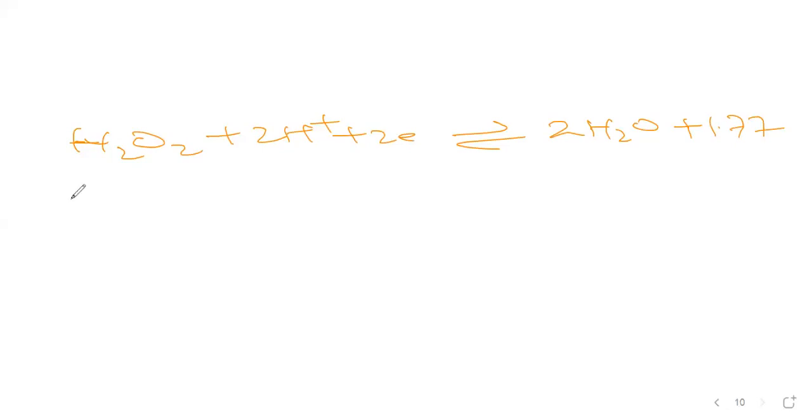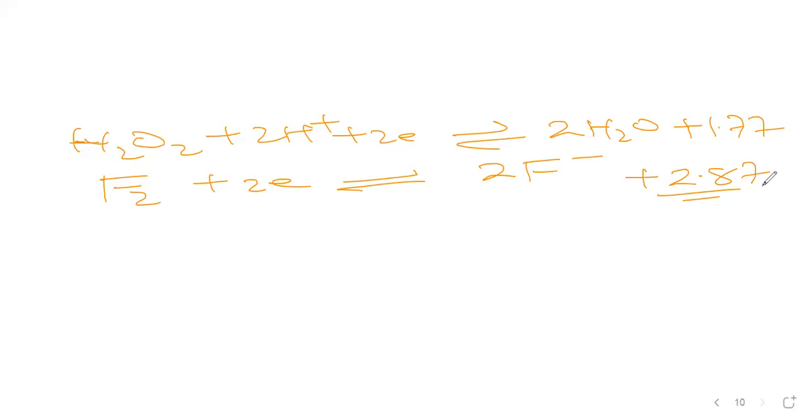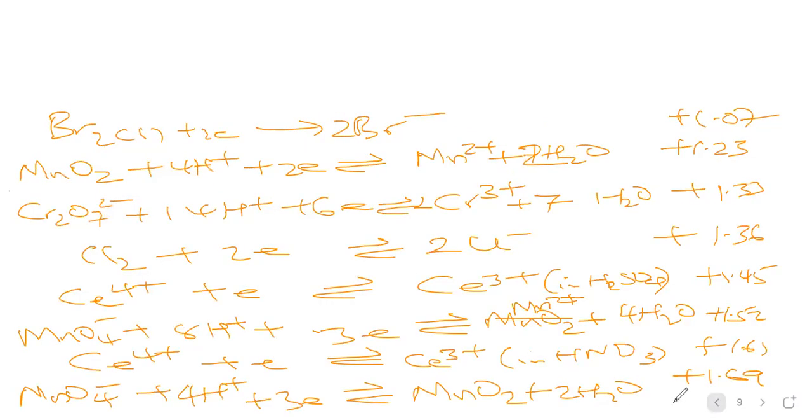And then finally, fluorine: 2 electrons, giving us fluoride ions. The electrode potential here is positive 2.87. That implies that fluorine has the most positive electrode potential, and lithium has the most negative electrode potential.